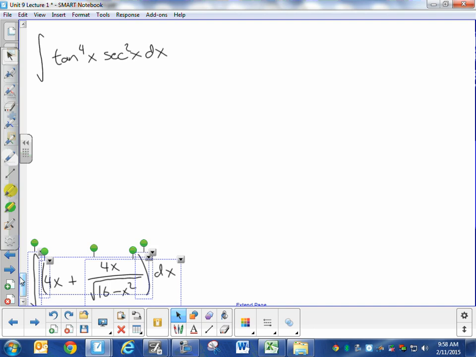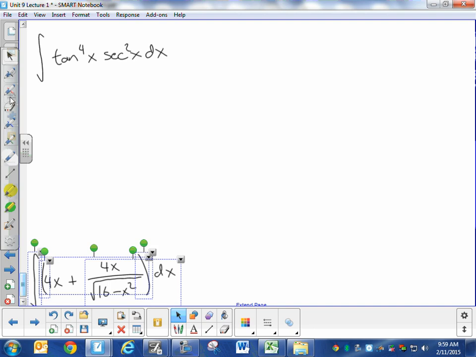The key is to be able to see, if I take the derivative of something, maybe it's the inside of something, maybe it's the entire thing, I'll get something else I will cancel. Everybody look at it and take a guess as to what I should set u equal to. Good job.